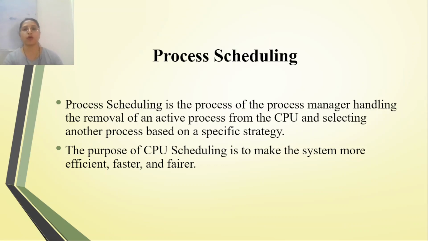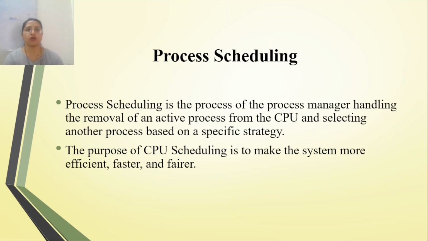It will switch among the processes. And why is it going to switch? What is the reason? Why has another process been given priority? It takes various criteria and then the decision will be taken by the system.